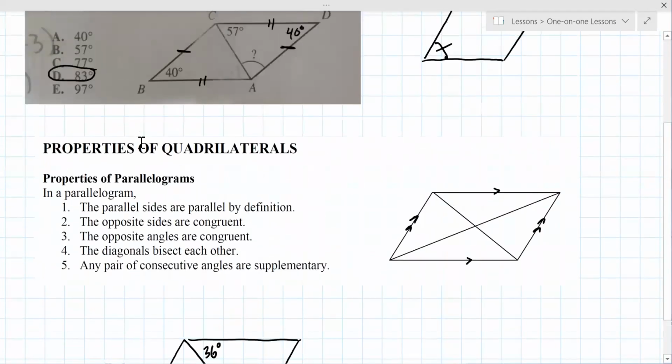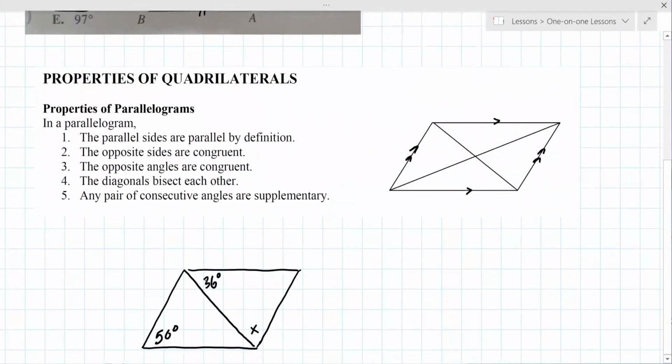Actually, I might not have made this big enough. Let me change this to 56 up here. Okay. 74. Okay, so this is 50. This is 74.